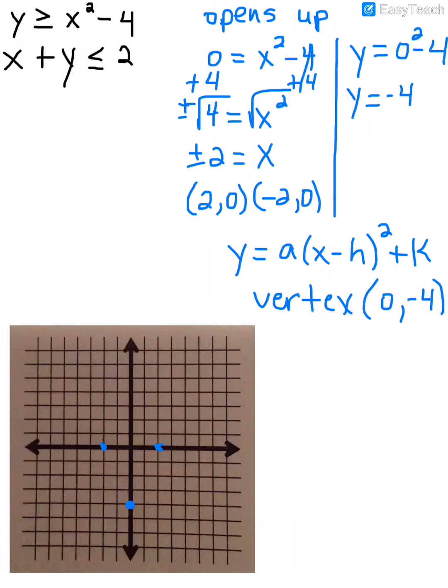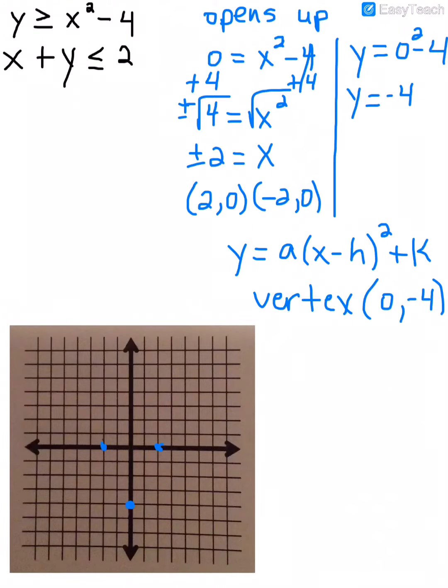Well, I would choose a point between my vertex and one of my x-intercepts. So I could either choose to plug in 1 for my x or -1 for my x. I'm going to choose to plug in 1.